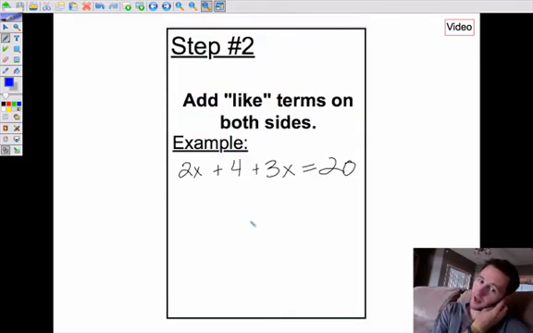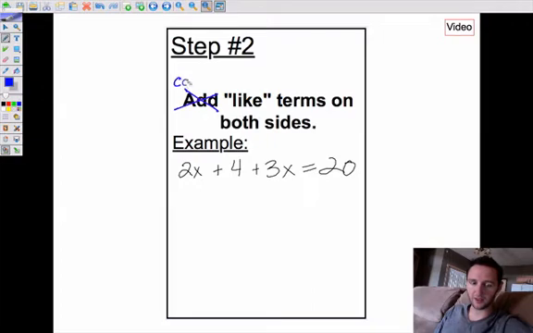Step 2, add like terms on both sides, or combine like terms is another way that we have been talking about it, because we could also mean subtracting like terms. In this case, our like terms are these x's right here. We got 2x plus 3x makes for 5x.